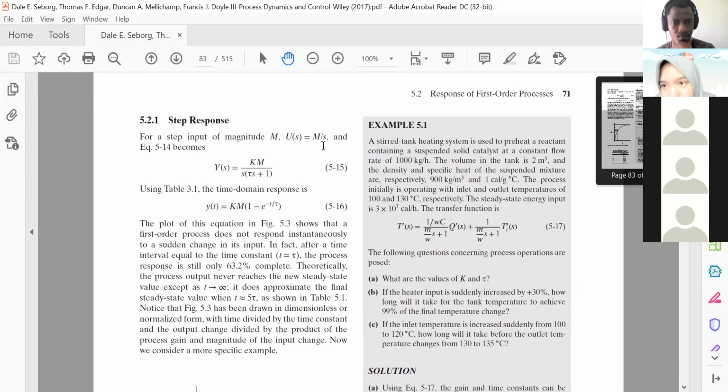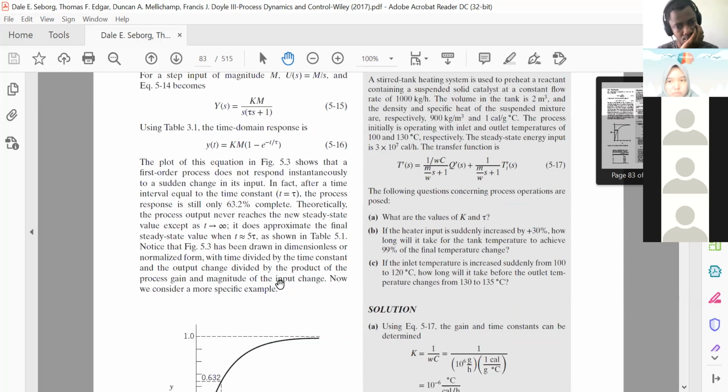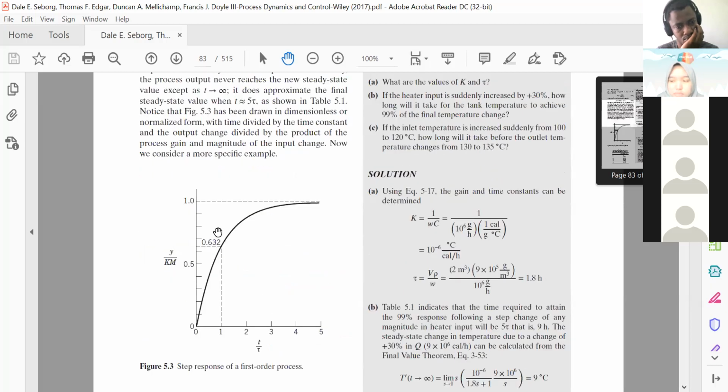For a step input of M, Y(s) will be equal to K M over (tau s plus 1) times s, and using table 3.1, y(t) will be equal to K M times (1 minus e to the minus t over tau). And we have to plot something like this. This is the behavior of a first order system.